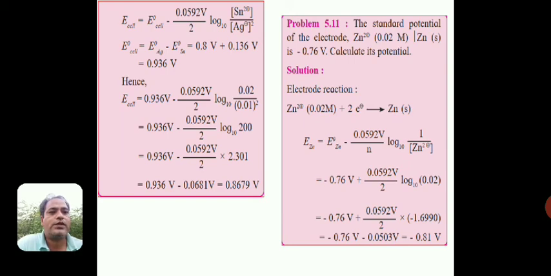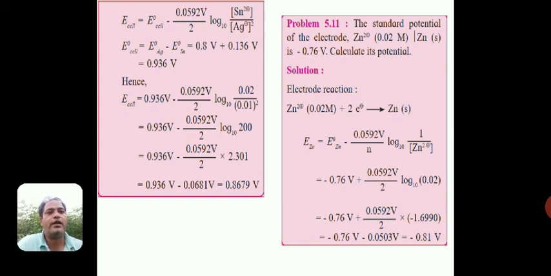If we solve this, we get minus 0.76 volt plus 0.0592 divided by 2 into minus 1.6990. If we solve further, we get the final answer minus 0.81 volt.